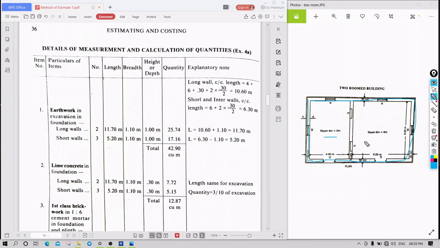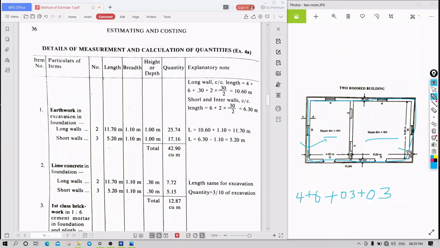See here, x axis. First I'll take 4 plus 6, 4 meter plus 6 meter. Then plus this 30 centimeter, that is 0.3, plus another 0.3 because of this two.